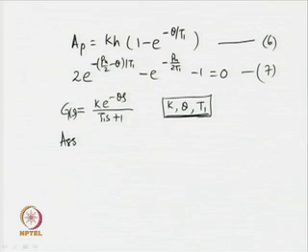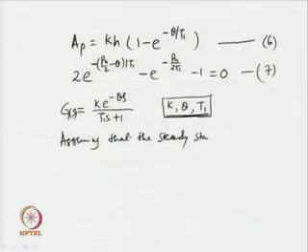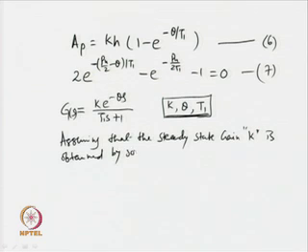Assuming that the steady state gain K is obtained by some other method, we are left with 2 more unknown parameters, theta and T1.